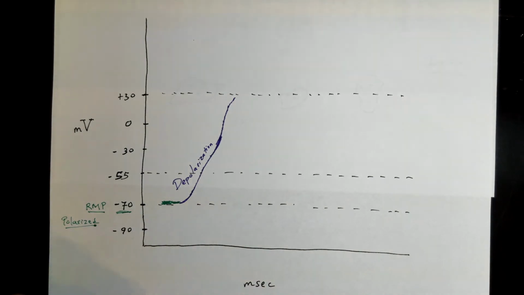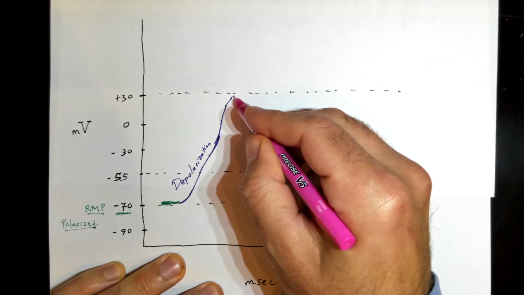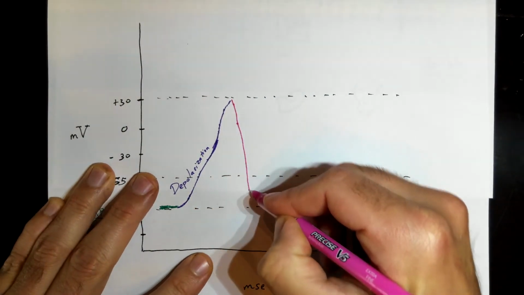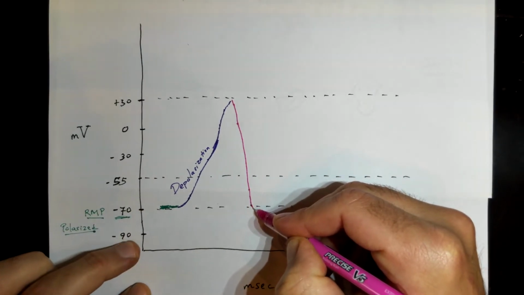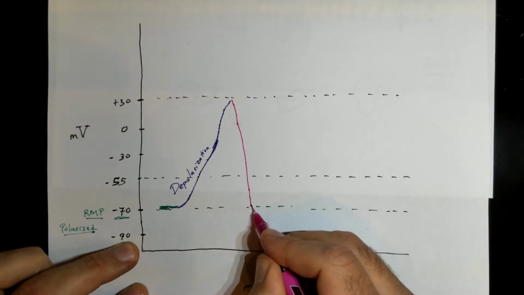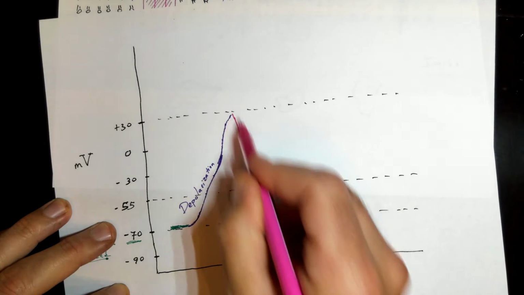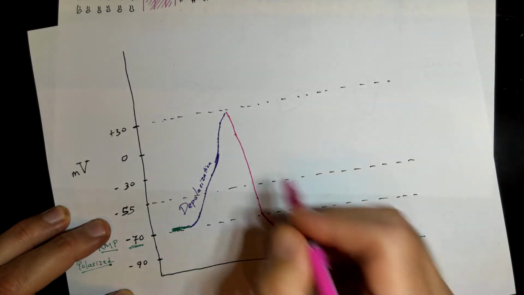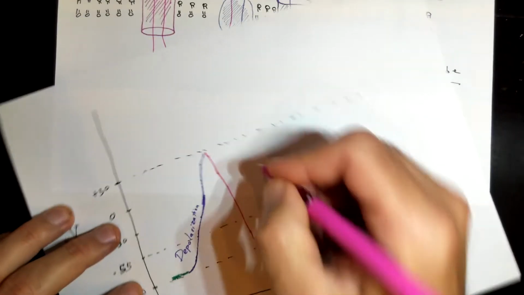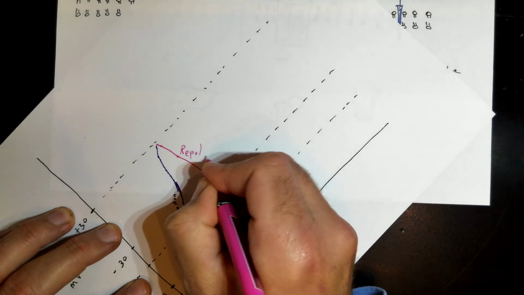And then in order to drop back down to our resting membrane potential, because we want to be able to do this again, then we drop back down. And what we'll see is an overshoot also on the way back down, where you kind of go past this negative 70. And anything moving downwards back to that resting membrane, we call that repolarization.